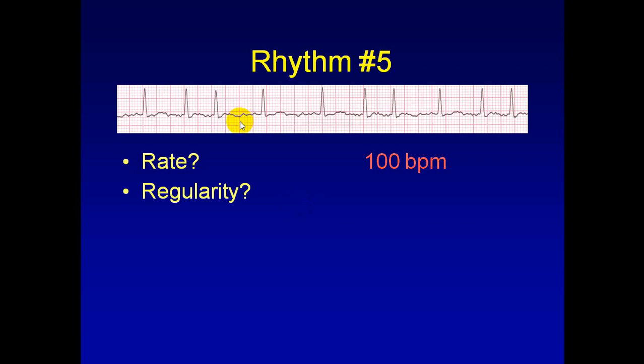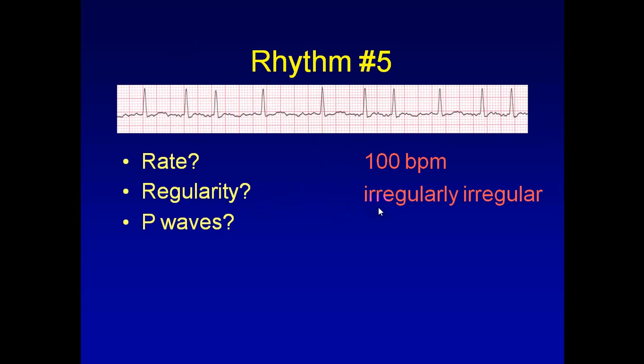It's definitely irregular. The RR intervals do not look alike in this whole ECG strip. The irregularity is irregular by itself, not repeated. This one is not like that, and this RR interval is not like that.